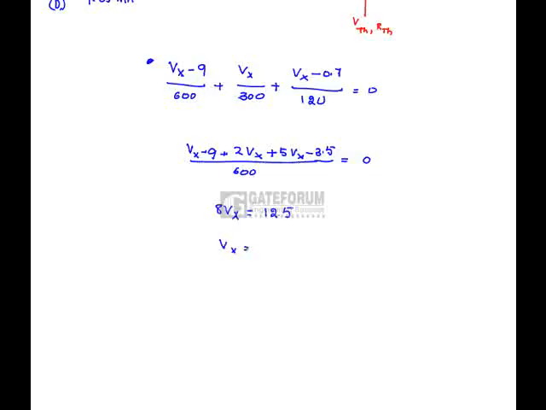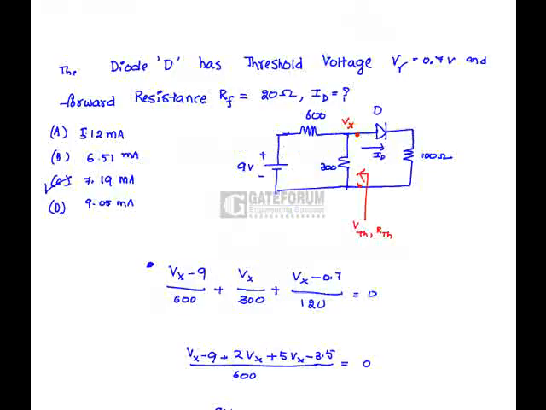So Vx is nothing but 12.5 divided by 8, which is 1.5625 volts. So ID is nothing but (Vx minus 0.7) divided by 120. If we substitute here, then we will get it as 7.19 milliamps. Hence, option C is correct.